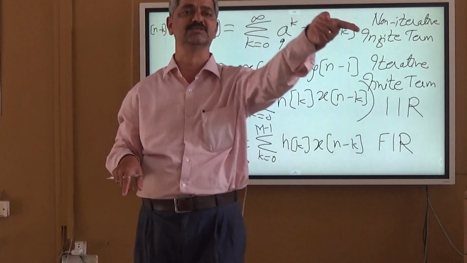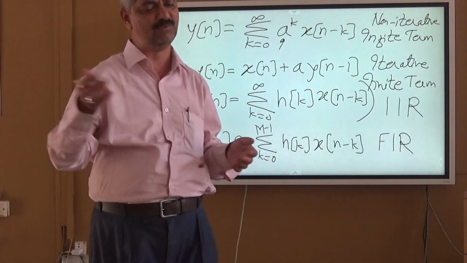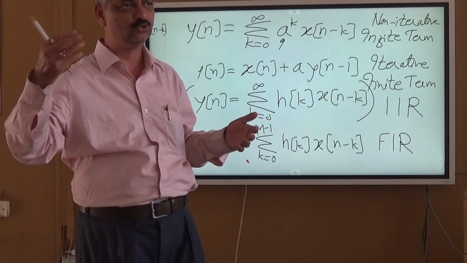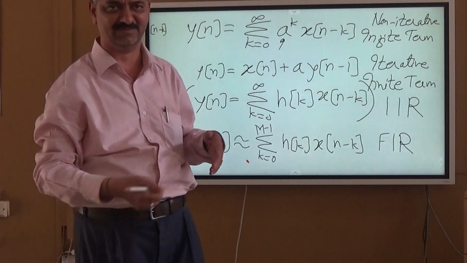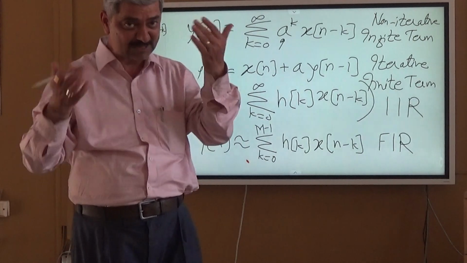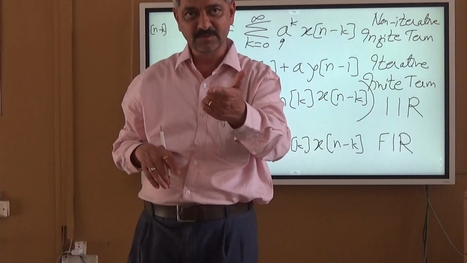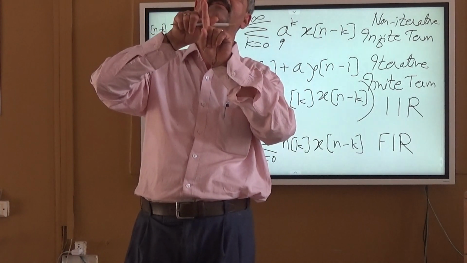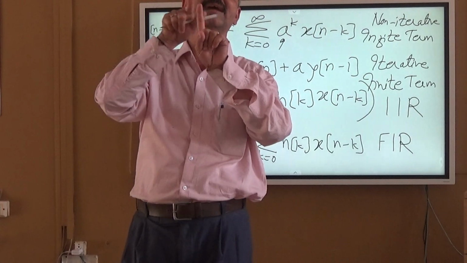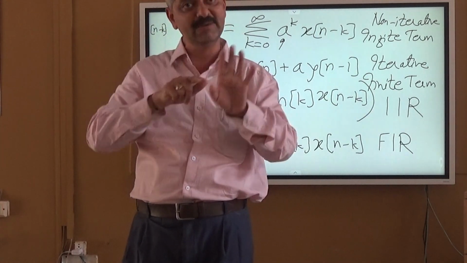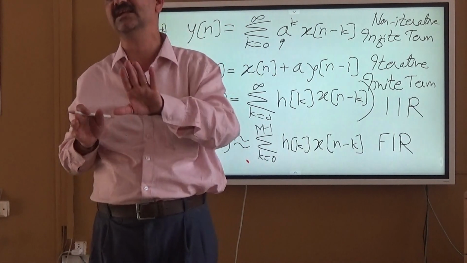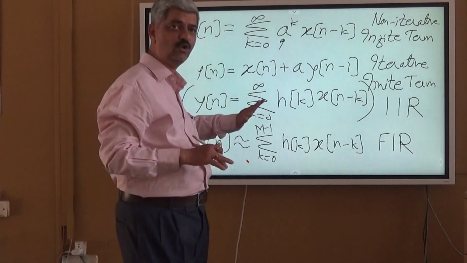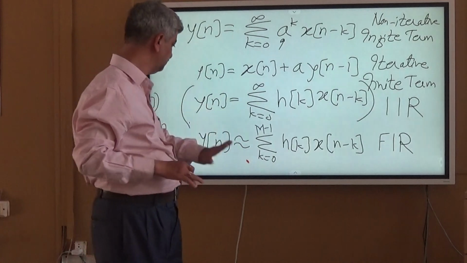That is futuristic. That is called a non-causal system, as you might have seen in the videos. Sometimes in image processing that is permissible, because image processing is in the spatial domain. Previous means on the left-hand side and next means on the right-hand side. In image processing that is allowed, but in a real-time system it is not. So right now let us say that k starts from 0 onwards and not minus.